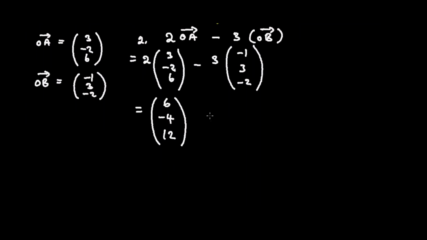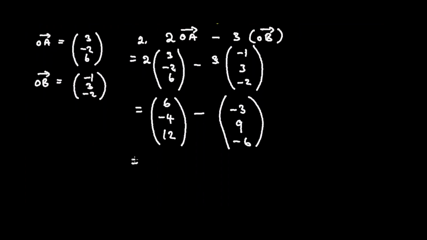like this. Then we fix this negative here, we just keep it. Of course we could have said minus 3 times. I'm going to do it as method 2, but I think it is best that you just keep the minus. Then multiply 3 times minus 1, which gives you minus 3, 3 times 3 gives you 9, 3 times minus 2 gives you minus 6, like this.